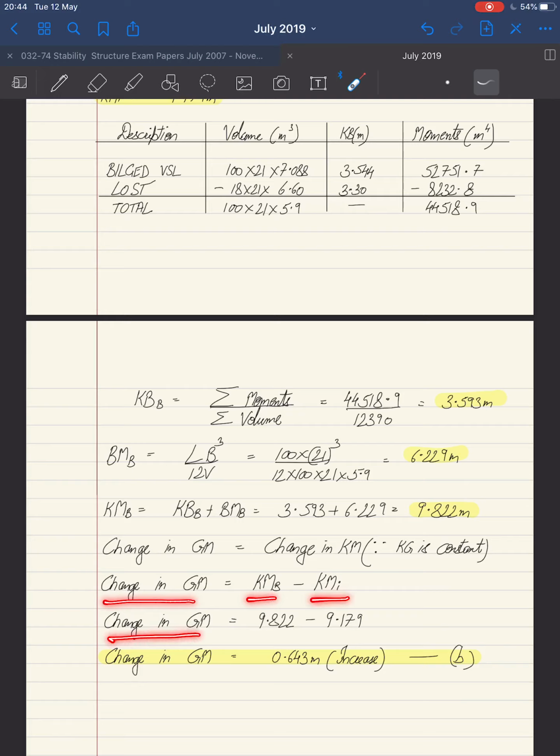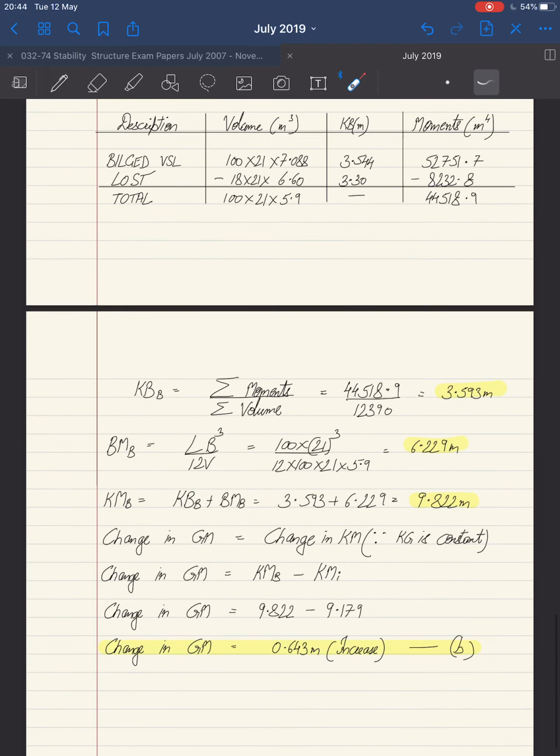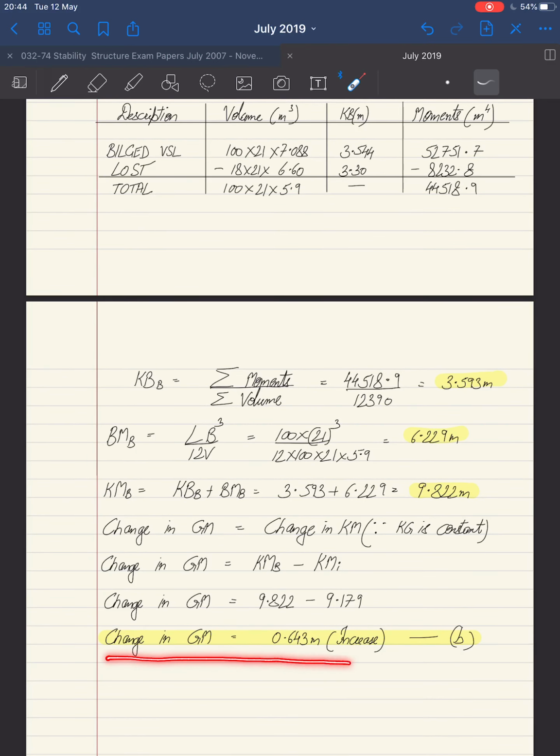So change in GM is equal to KM bilged, which is 9.822 meters, which has been obtained from here, and KM intact, which is 9.179 meters, which has been obtained from here. So change in GM is equal to 0.643 meters, which has increased because when we take 9.179 out of 9.822, we'll get 0.643 meters. And it has increased because the KM bilged is more than the KM intact, which is the answer to the question of part B.